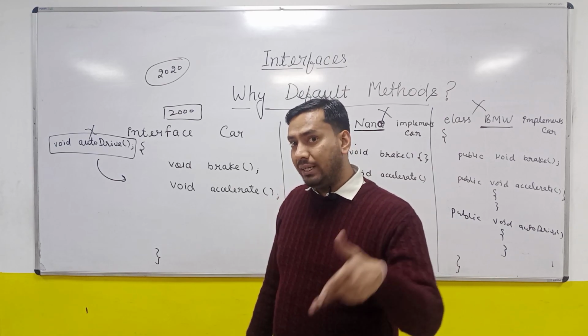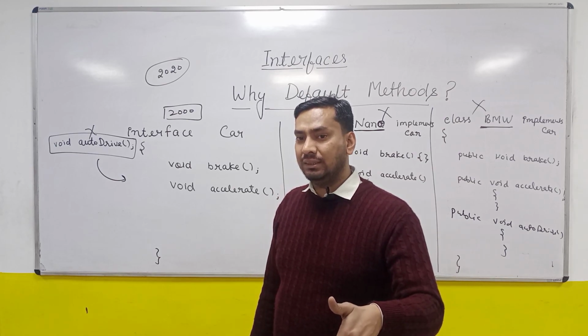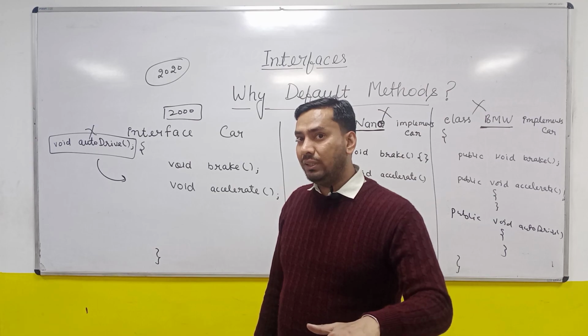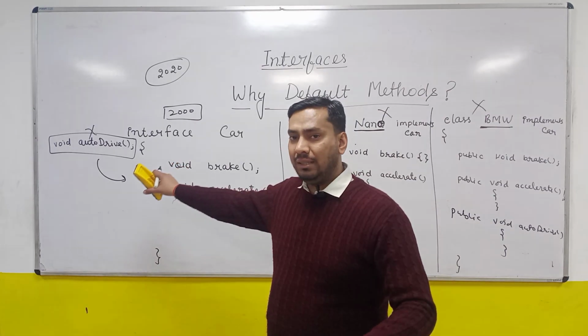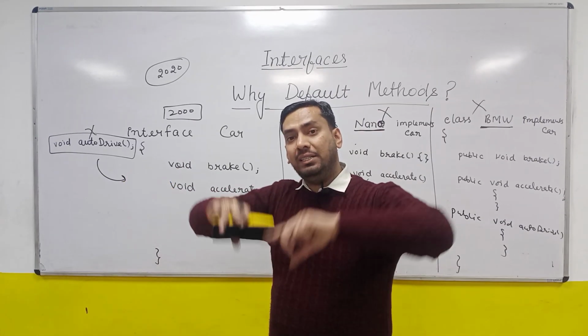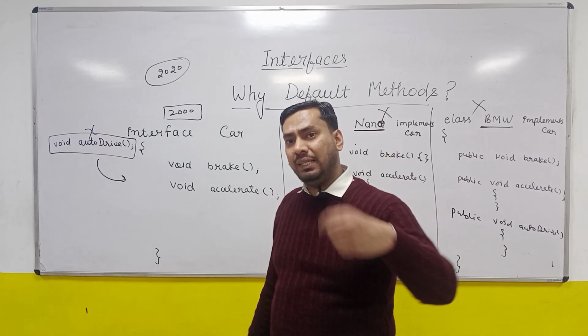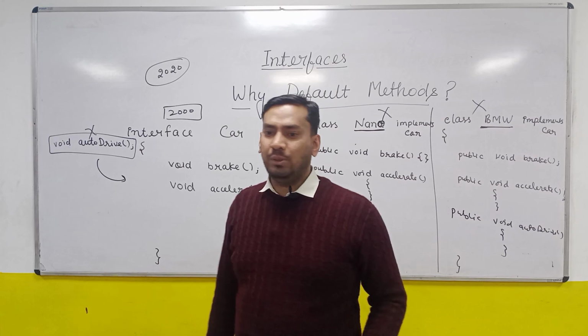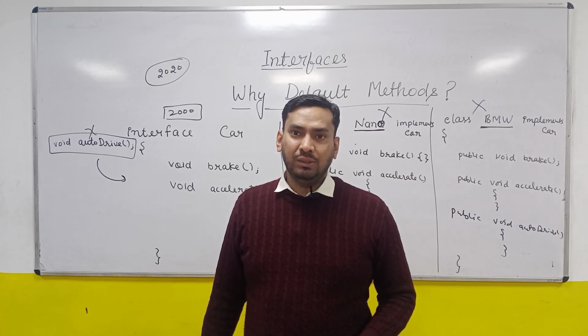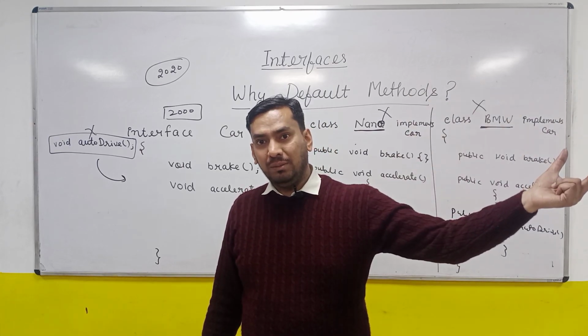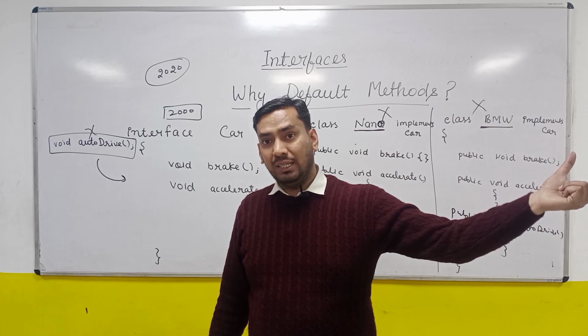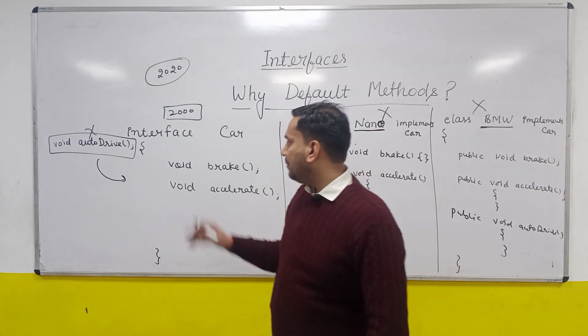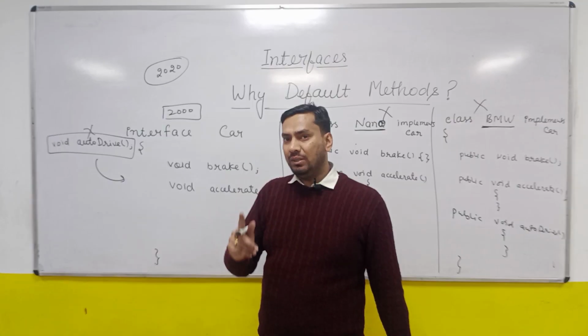They wanted to add a new method in the Collection interface, and they could not add it directly as an abstract method. Otherwise the entire ecosystem, everybody, even if you are writing a program using some ArrayList, your program would become obsolete. Why? Because a new abstract method would be inherited in your classes. So that's why they came up with the concept of the default method.